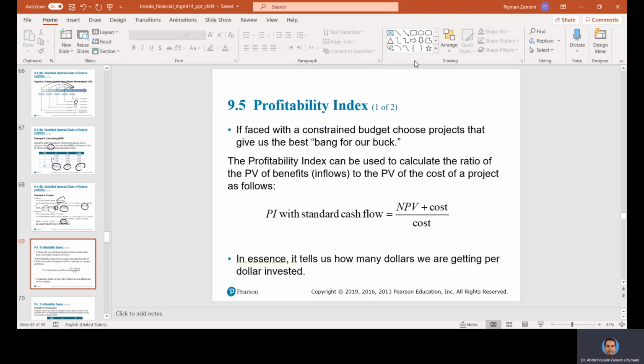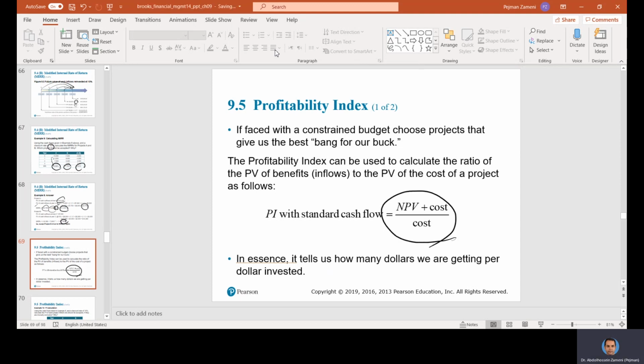Okay, the last method is the profitability index. This is another method to evaluate projects. If faced with a constrained budget, choose the project that gives us the best bang for the buck. The profitability index, or the PI, can be used to calculate the ratio of the present value of benefits inflow to the present value of the cost of a project as follows.